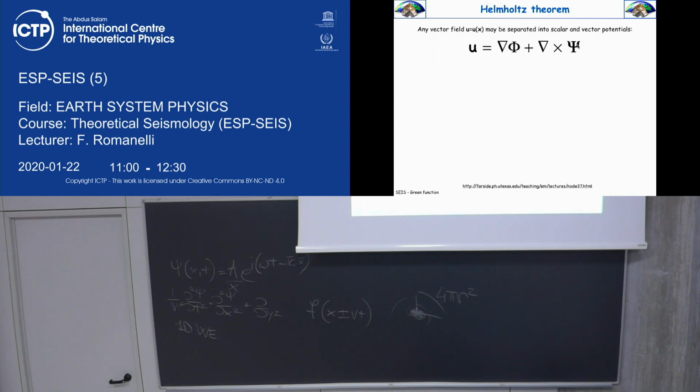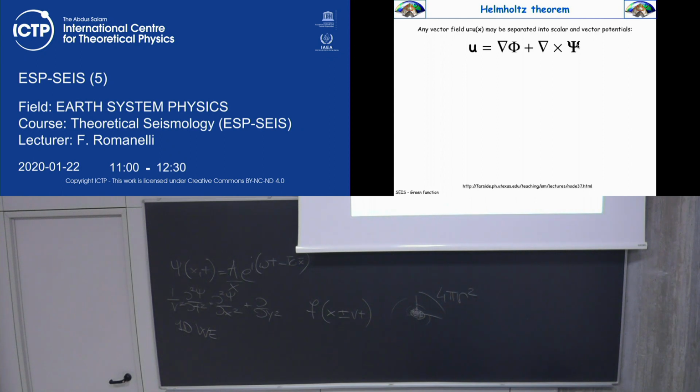I'm not adding those details. Why? Because the vector fields that we have to study are very simple. It's a displacement field. And it's polite. An additional condition should be, for example, that the potentials and the vector field go to 0 at infinite distances. Okay? That's a politeness request. And in our case, it is.